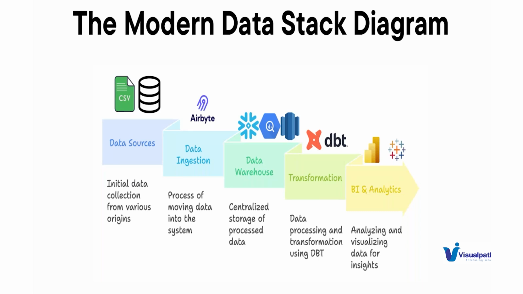It's basically centralized storage, and it could be Snowflake, Redshift, or other Postgres-based warehouses. Then DBT comes in; DBT basically transforms the data. So data processing and transformation happens. And then this data can be used by the analytics team or BI team to visualize and analyze the data for insights, to create dashboards or reports.